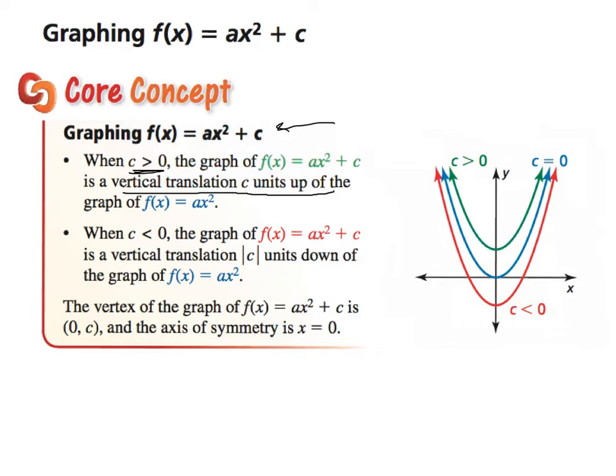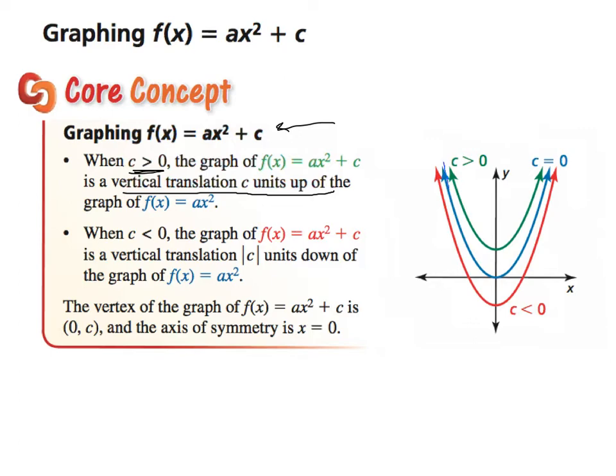Now here's what's really important. It looks like the green right here is actually wider than the red or the blue. It's not. We could actually take this red parabola and slide it up, and it would exactly fit over the blue. And the same thing, it would fit exactly over the green. It looks that way because we're not extending it.